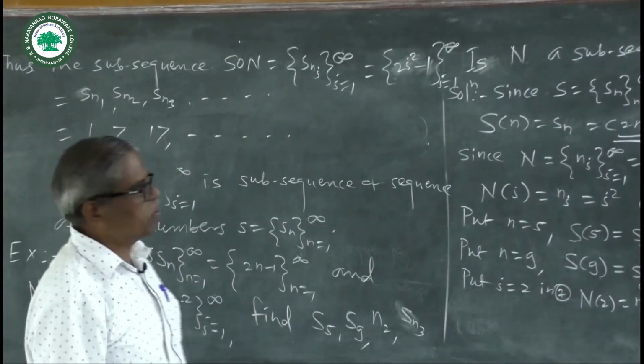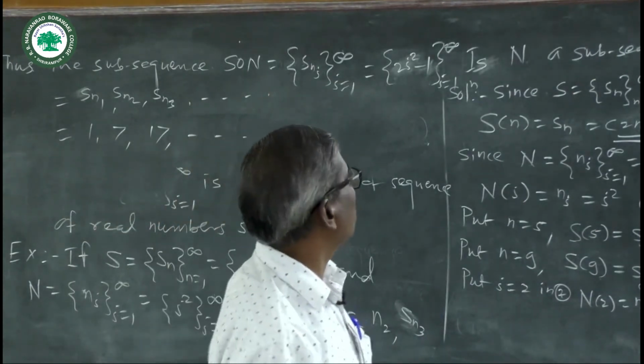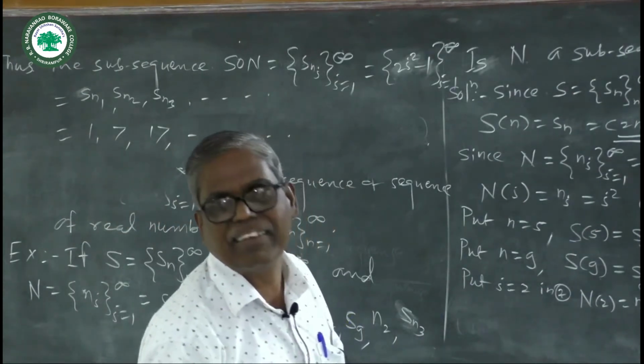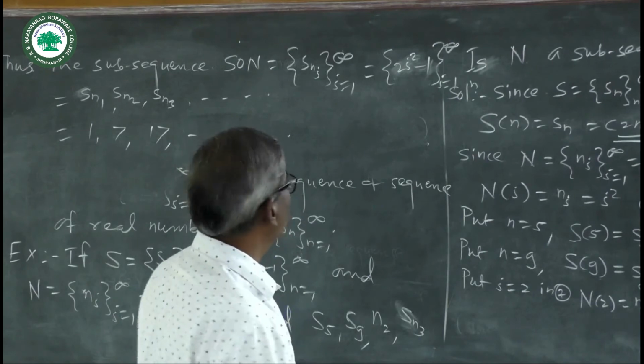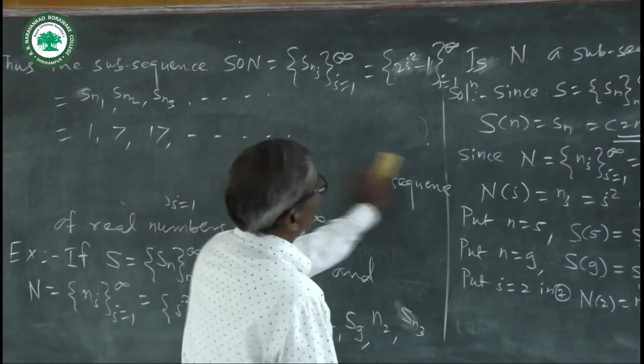This is a subsequence of the sequence of real numbers S_n, which is equal to 2n minus 1.